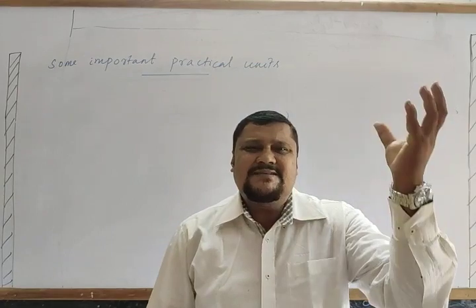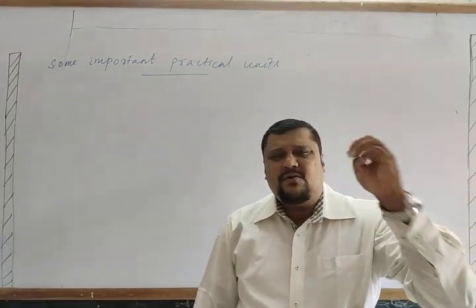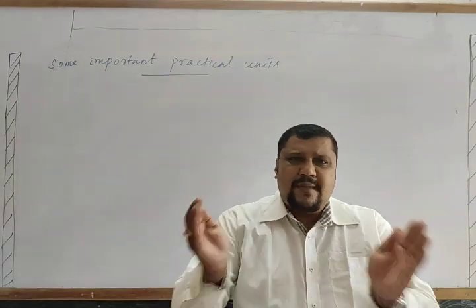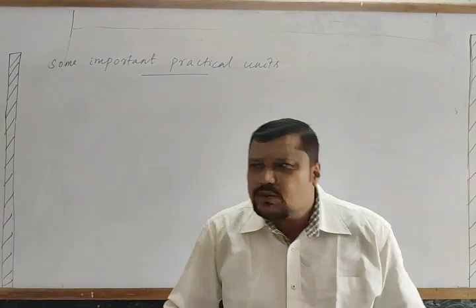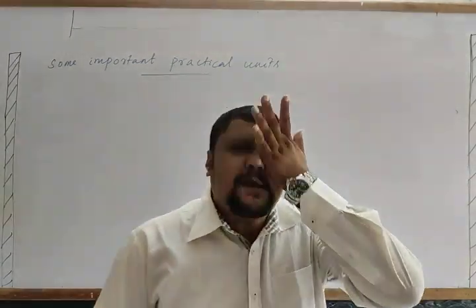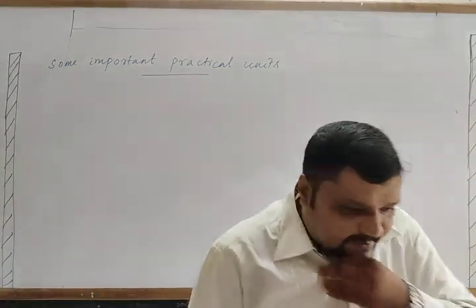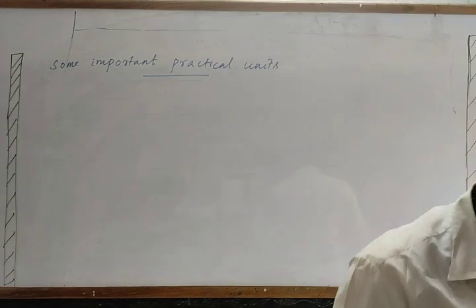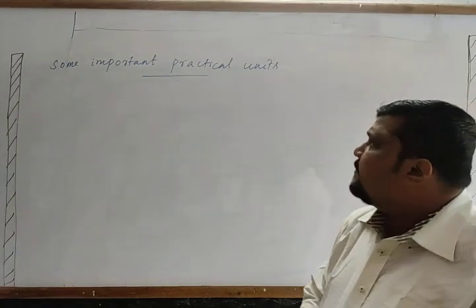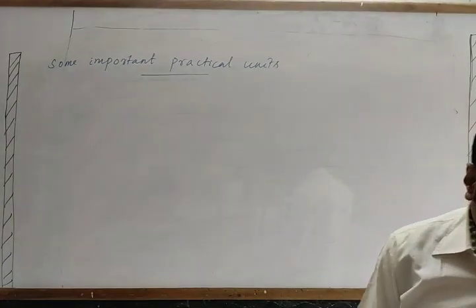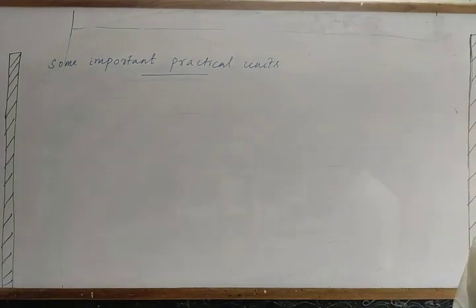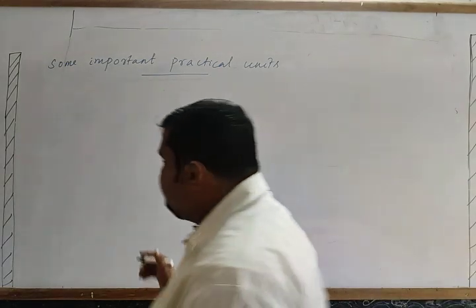So our tendency is that it is very difficult for us to remember a large numerical value. Better to make the numerical value smaller so that we can remember or we can recall that. So according to that, there are some units I will discuss here. One is the some important practical units. For the measurement of this length, we are using a unit that is called the astronomical unit.